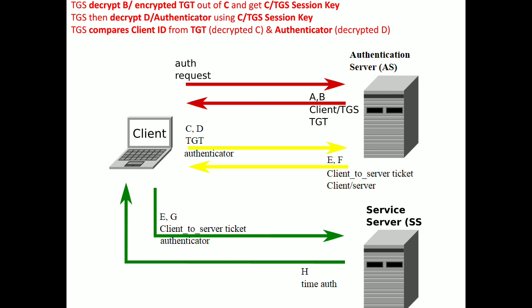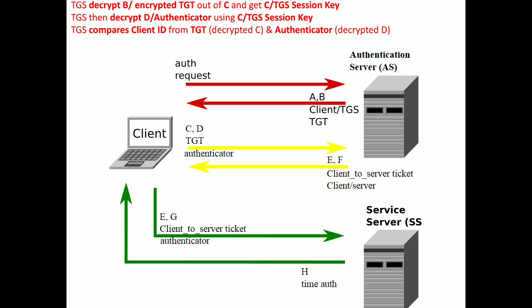So now the TGS compares the client ID from the TGT and from the authenticator. Since it has decrypted both the TGT and the authenticator, it can compare the client IDs contained in both.